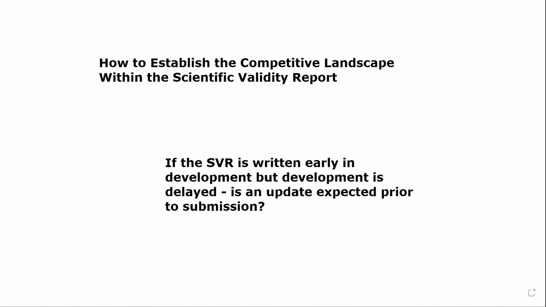So in some cases, we have performed what we refer to as a gap search that can allow you to use the same terminology and the same systematic literature review approach that you conducted when you first wrote it and provide that update so that as you are preparing to submit, the SVR is not substantially behind where the rest of the documents are.